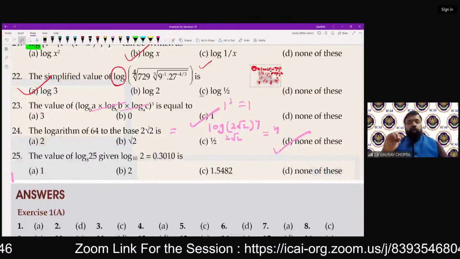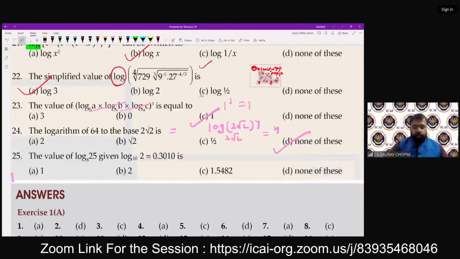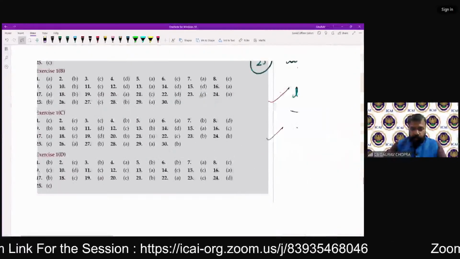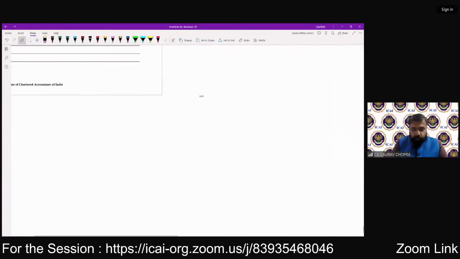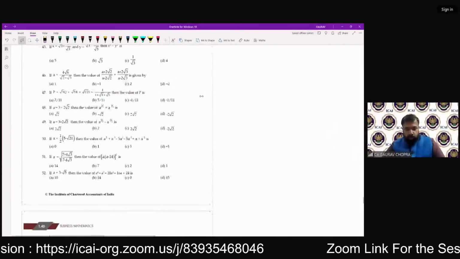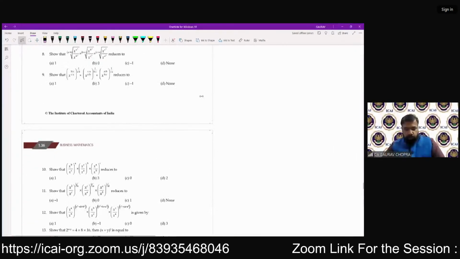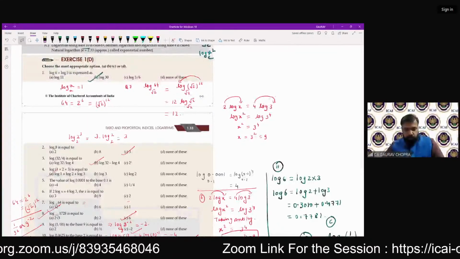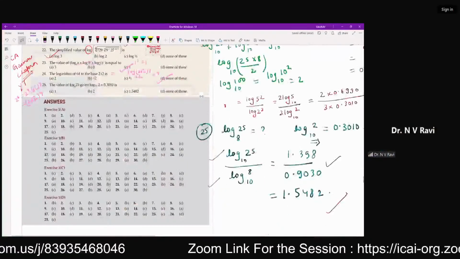Fourth root का मतलब होता है आपको 2 times क्या करना है, square root करना है. So I have to solve here only.